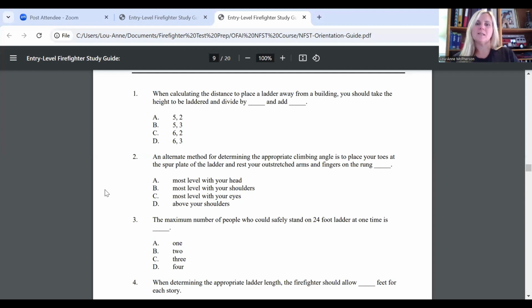The next question reads, an alternate method for determining the appropriate climbing angle is to place your toes at the spur plate of the ladder and rest your outstretched arms and fingers on the rung blank. Now, I want to caution you here because if you know this through your training, it's important that you confirm what you know in the text to ensure you're getting a correct answer. You are not tested on your firefighter knowledge in the reading comprehension section of your aptitude test.